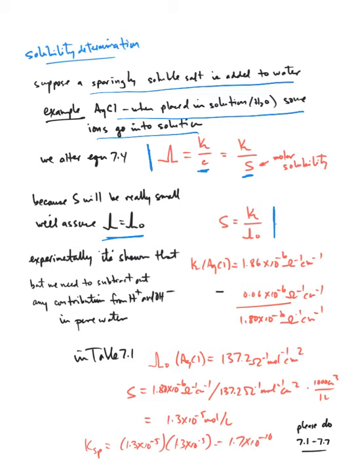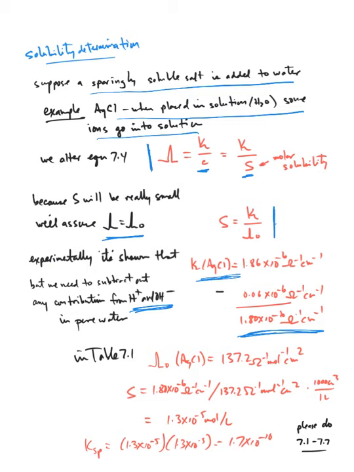Experimentally, it's shown that for silver chloride, you can get your kappa value of 1.86. Now, when you take a measurement of a salt in the solvent, you have to subtract any contribution from the solvent. Remember that water has a very tiny auto-dissociation, so you need to subtract out the little bit of ion contribution that it has, and this actually ends up being your kappa value.